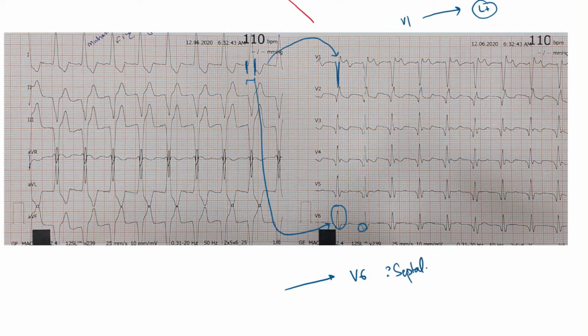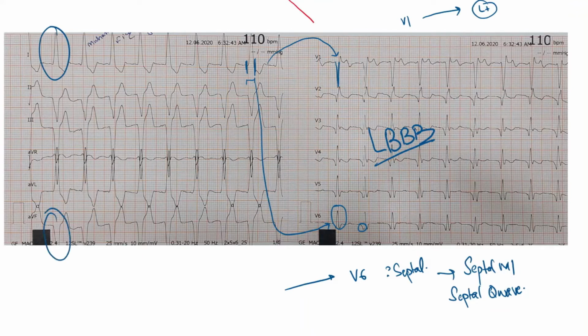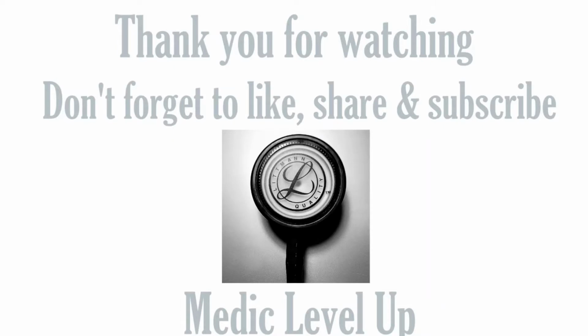Now in this case there was actually a previous septal infarct which is making the Q wave appear over here. So understand that you can also have variations of a normal left bundle branch block because of previous myocardial infarctions. You see the axis, which is pretty much clear-cut left axis deviation, which supports the diagnosis of a left bundle branch block.